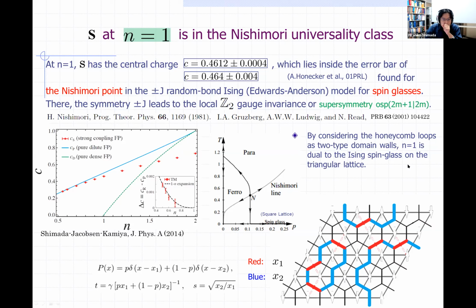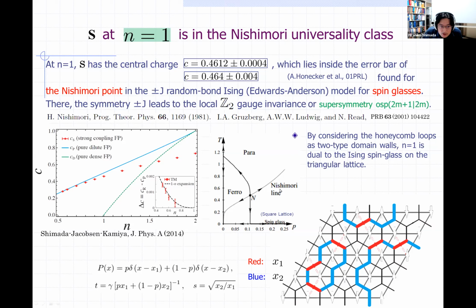Here is the plot of central charge against the parameter n, and at n equal 1 we have this one. So we have actually a one parameter family of this strong coupling fixed point for each n.